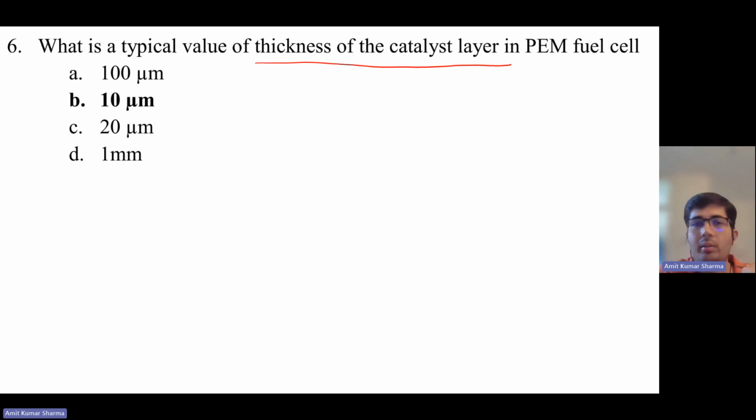And it is the best fuel cell that can be used in automobiles due to its low temperature of operation.